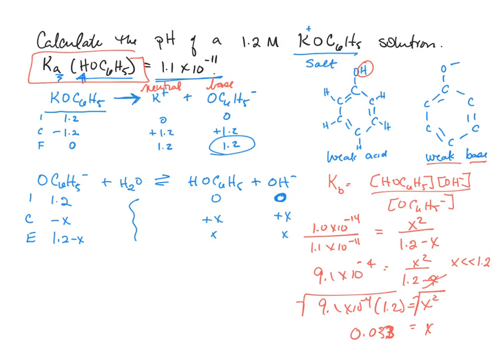Now what is x? X is the OH minus concentration. So if we take the negative log of 0.033, we will have pOH, and that is equal to 1.48, and the pH is equal to 12.52 when I subtract that from 14.